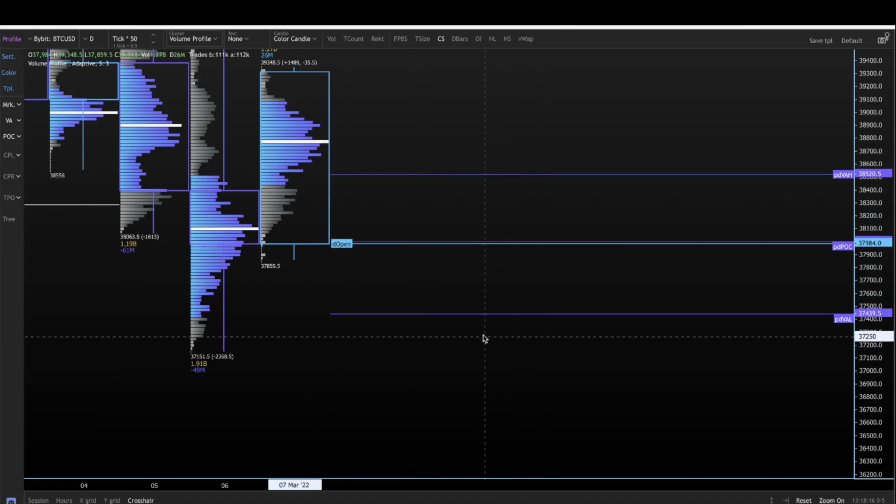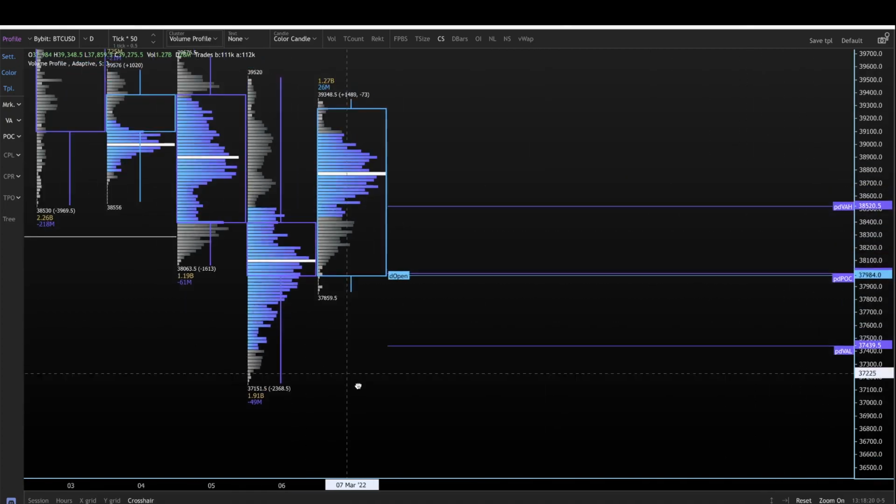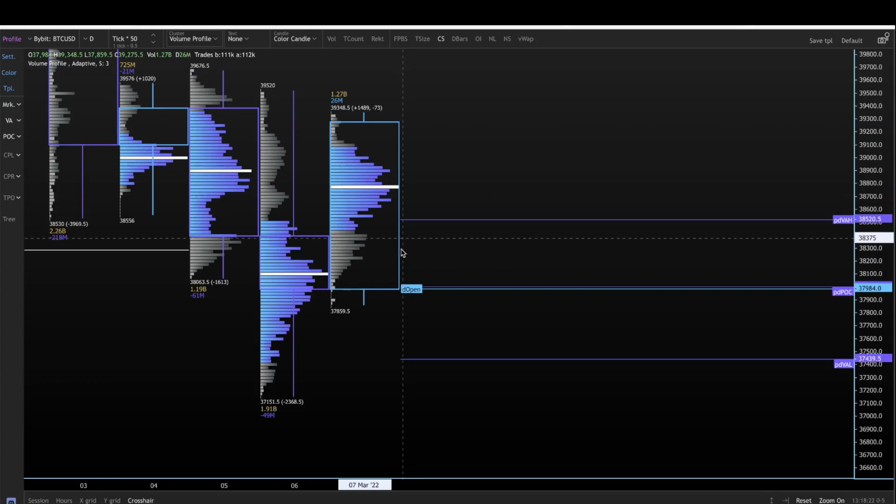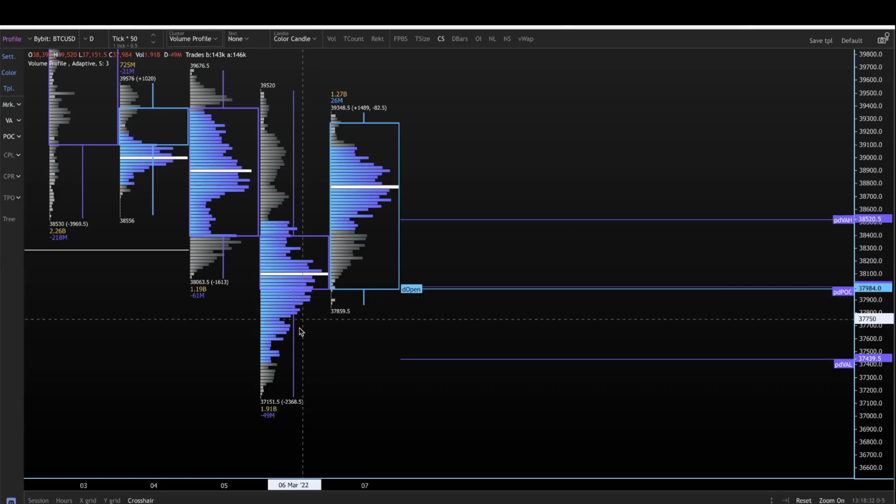Now, just so everybody's completely clear about what these levels mean, we can see today's daily candle is this blue candle right here. And this is yesterday's candle. We can see it's this giant purple doji. Now, right here, we can see the value area from the volume profile where the candles are shaded, right? This defines the fair value of Bitcoin yesterday, which was between the price of 38,500 and 37,400.